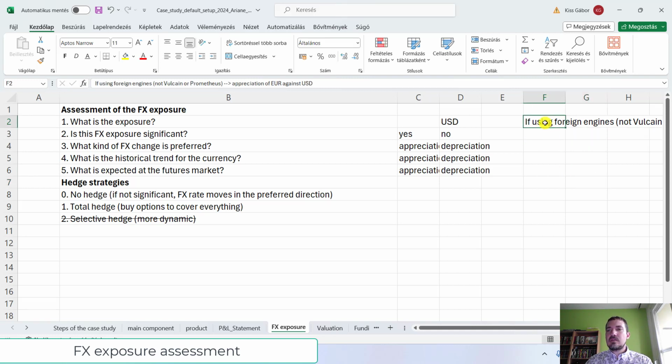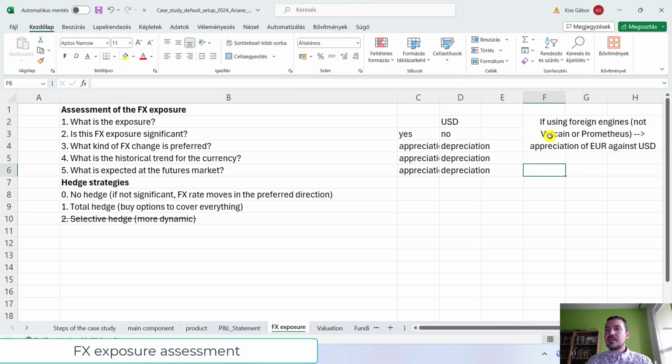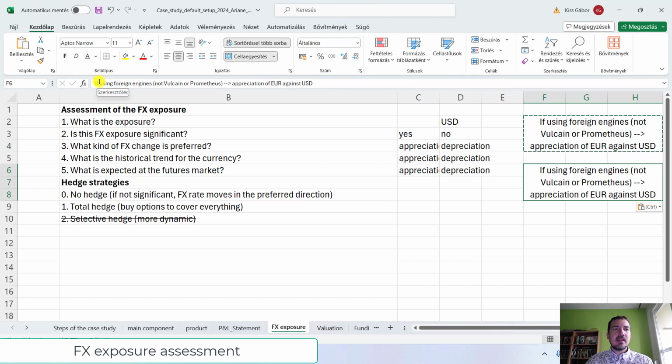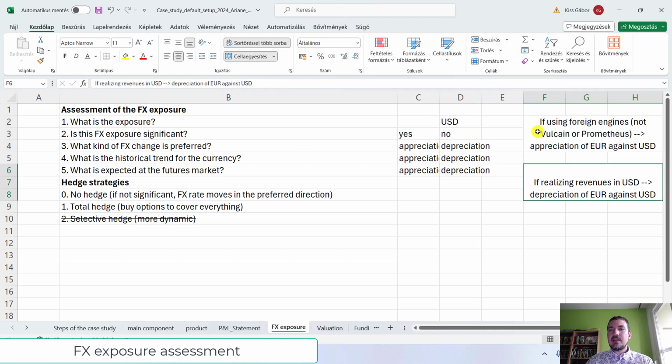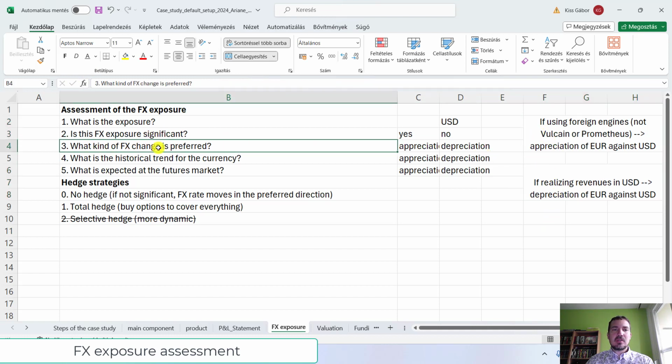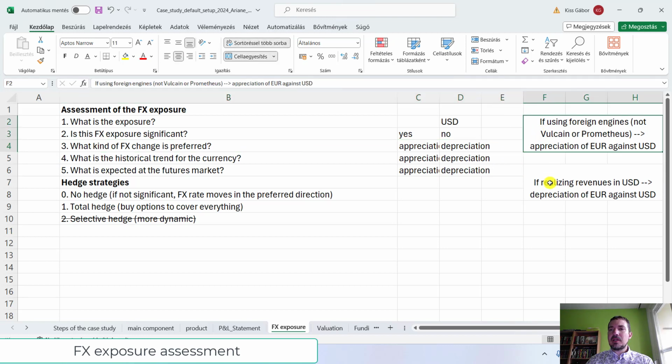But if this is not the case, if we're realizing revenues in USD, then practically the depreciation will be preferred. So when we have to talk about which case is preferred by us, then we can say that, okay.